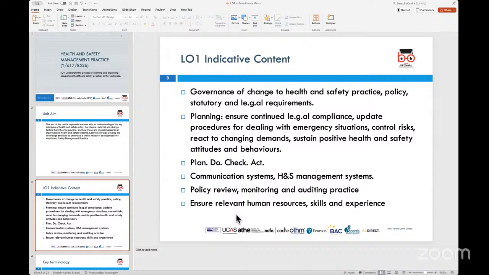And then one of the key aspects you're going to be looking at is, as a health and safety manager, the audit process across the year. This is a role which typically requires you to carry out audits across the year, depending on, for example, a workplace or a branch office.